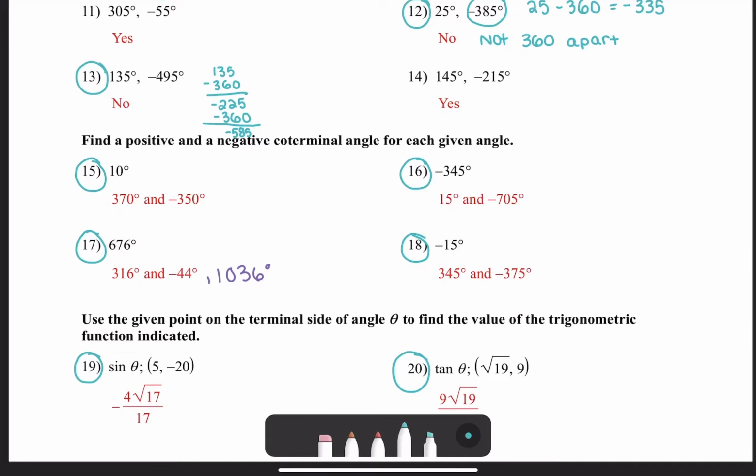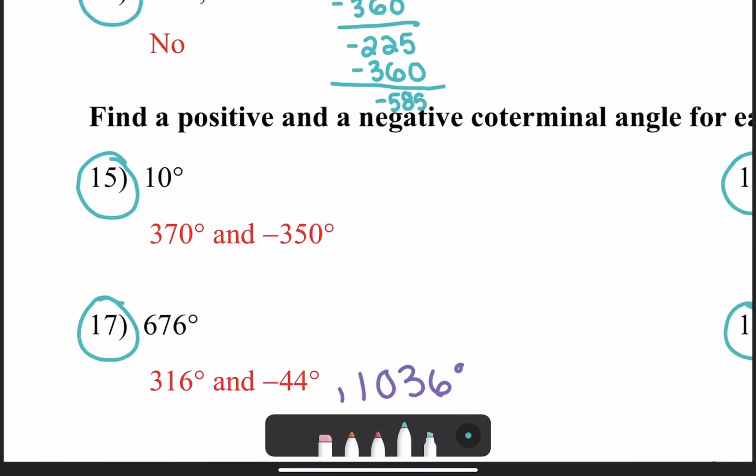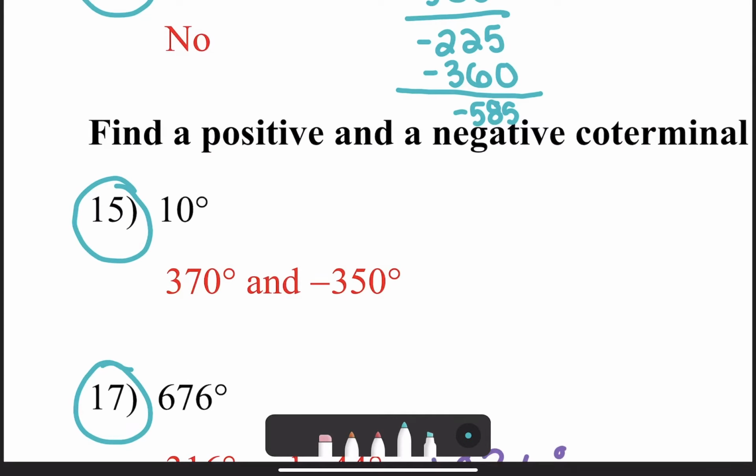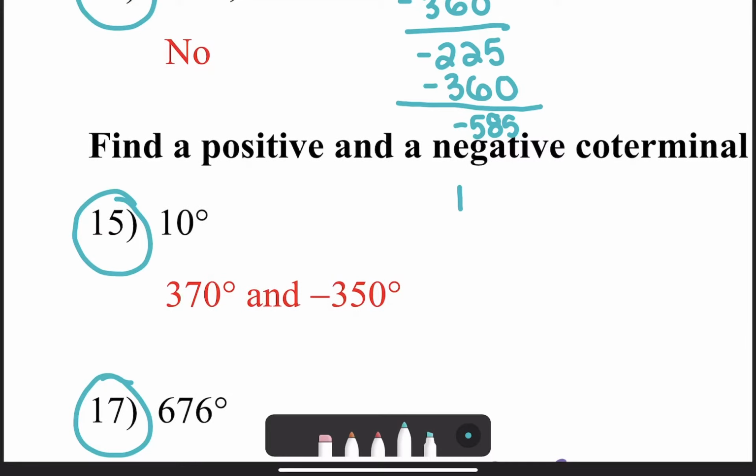In the next problems, what you're going to do is find a positive and negative coterminal angle for each angle given. So in something like number 10, what you do is say, well, 10 plus 360, that's going to be 370, so that's an option. I could also take 370 and add another 360. That's 730, that's also an option.